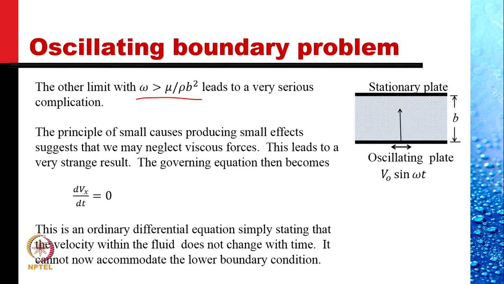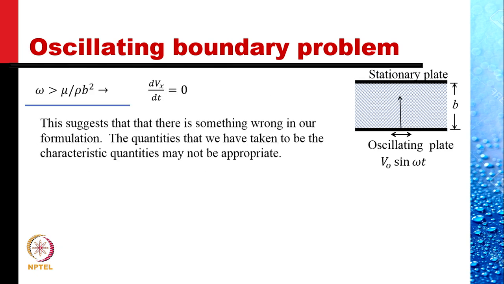This is an ordinary differential equation simply stating that the velocity within the fluid does not change with time. It cannot now accommodate the lower boundary condition. So there is something that has gone wrong in the formulation. And what could go wrong? The only thing that could go wrong is that the quantities that we have taken to be the characteristic quantities may not be appropriate.